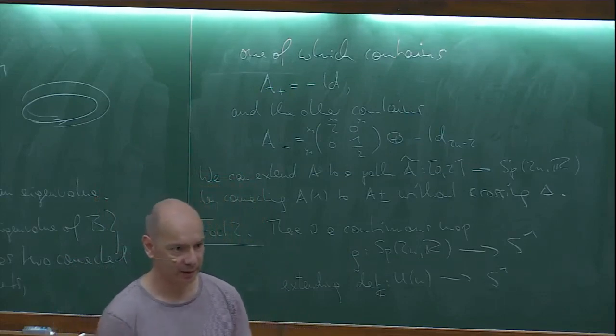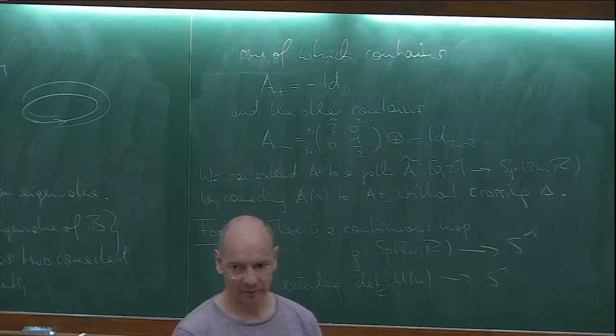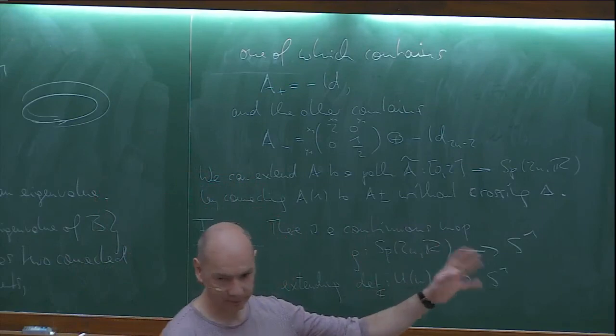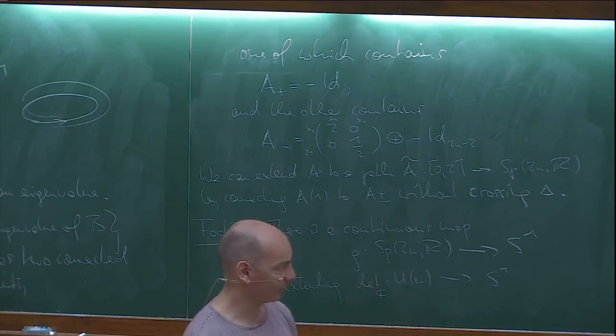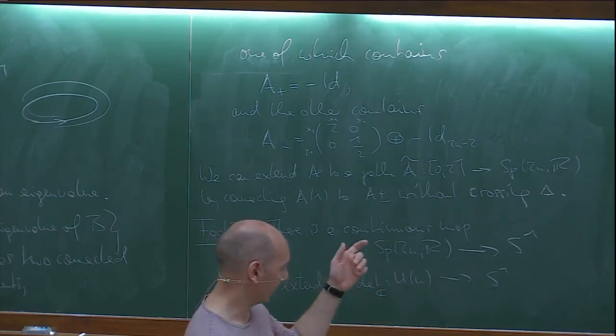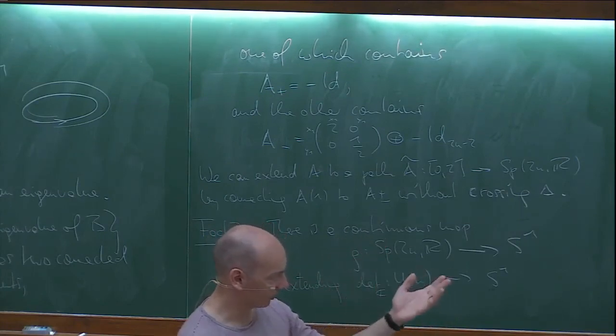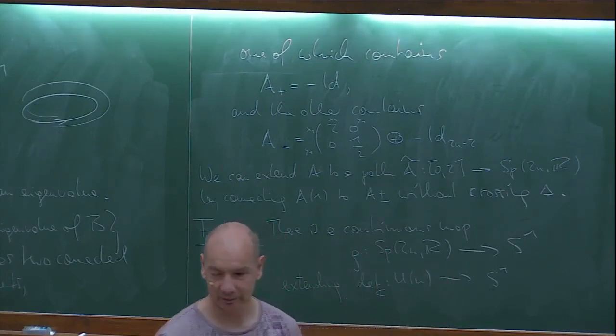So if we assume that c1 vanishes on spheres, then it doesn't even depend on a disk. And that's what we'll do. Next time when I continue, I will assume both that omega vanishes on pi_2 and that c1 vanishes on pi_2. Then my action function is well defined and my Conley-Zehnder indices do not depend on choices.